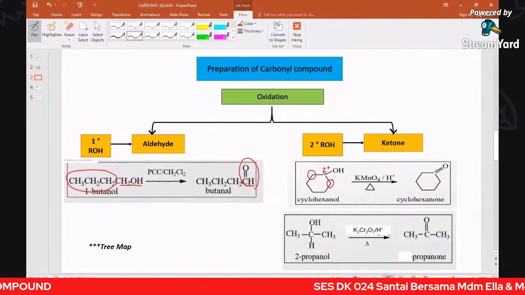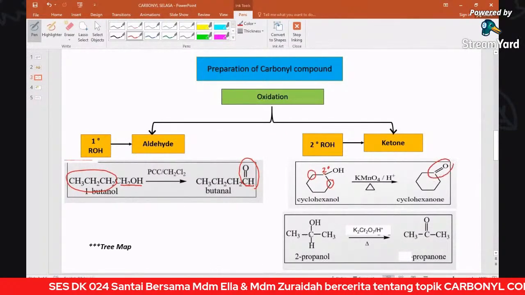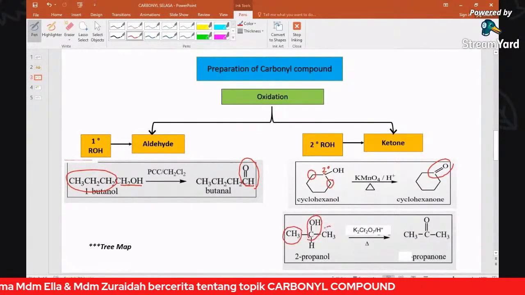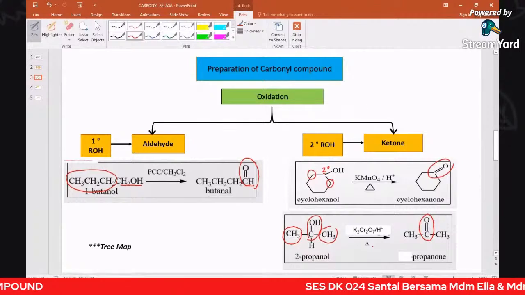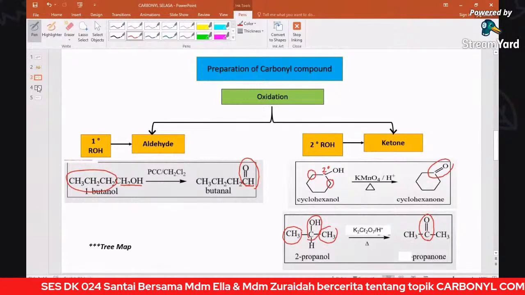There is cyclohexanol, where the COH changes into C double bond O. The COH of a secondary alcohol will change to ketone, C double bond O with R and R. Hopefully you can understand. You can use that tree map to remember the reaction.